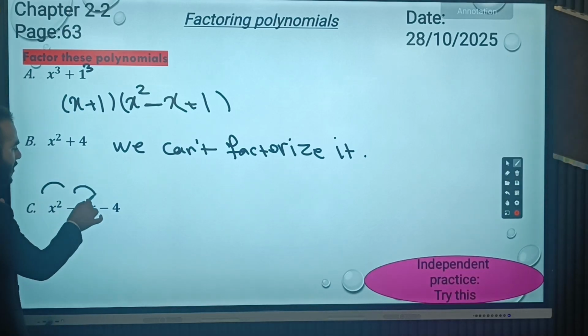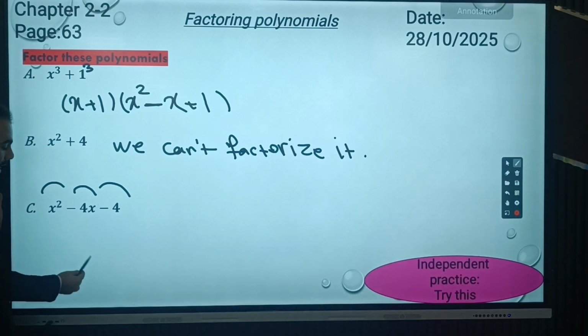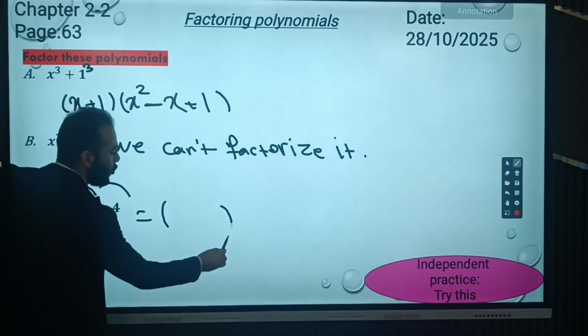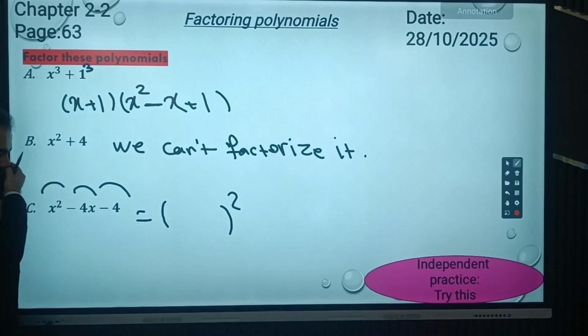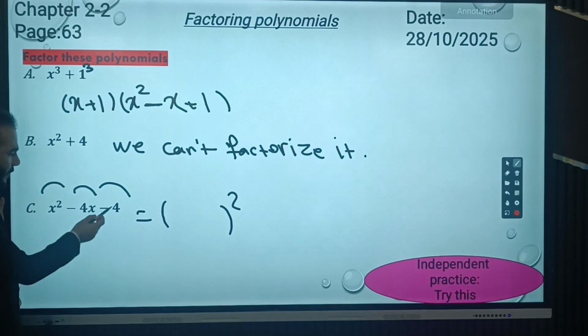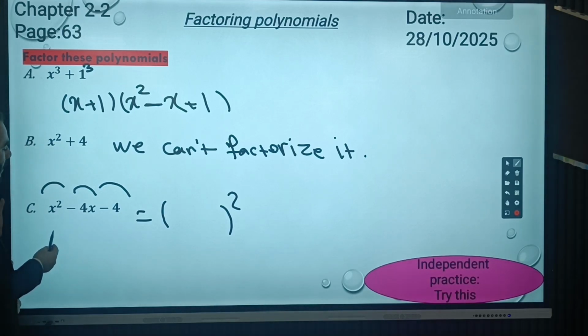We have three terms. So we need to write it as the square of a sum or difference. Here, the first term and the last term must be in perfect square form, like power form.